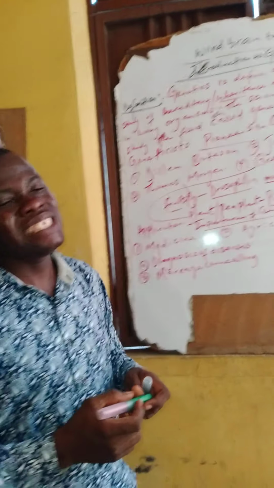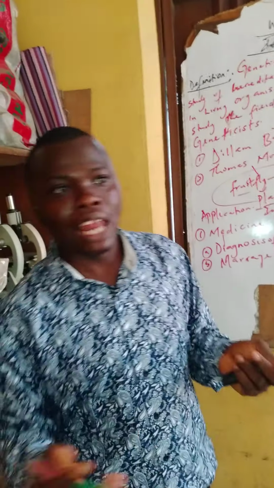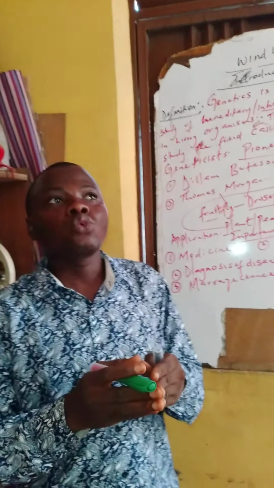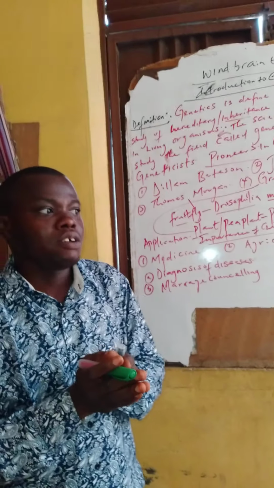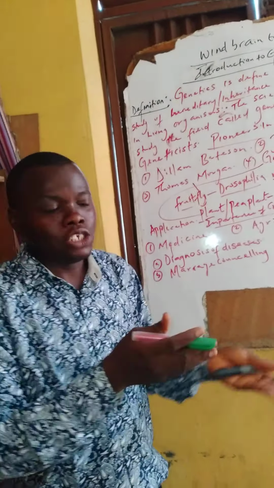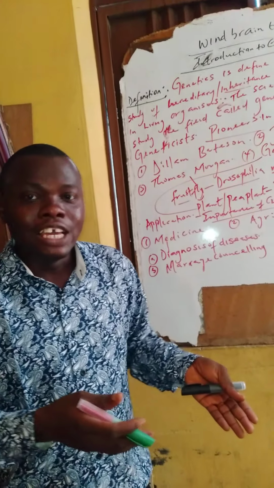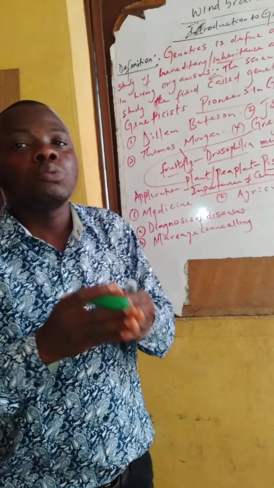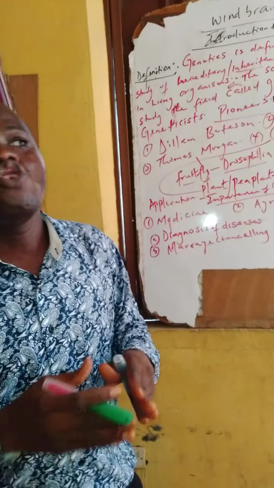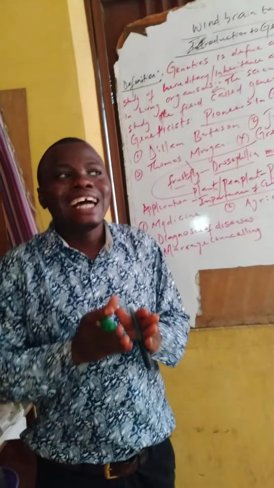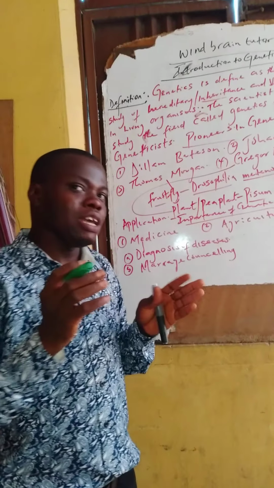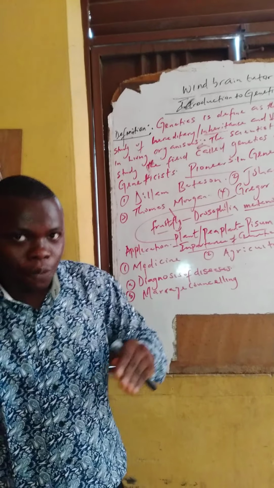Somebody can say he is not a sickler, he has a genotype of AA, and he decides to go and marry somebody with a genotype of AS, and he wants to go and marry somebody that is also an SS. The doctor will advise that it is not good for him or her to marry. Are you getting me?